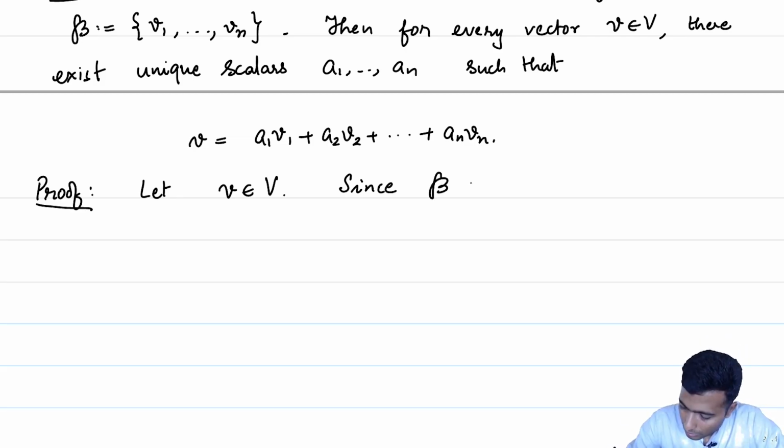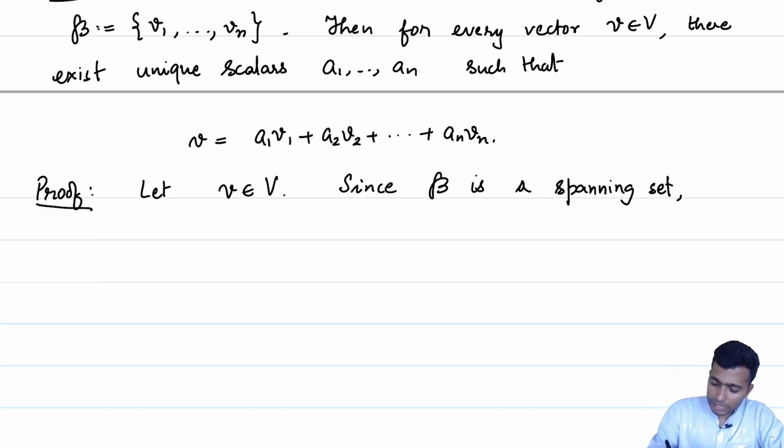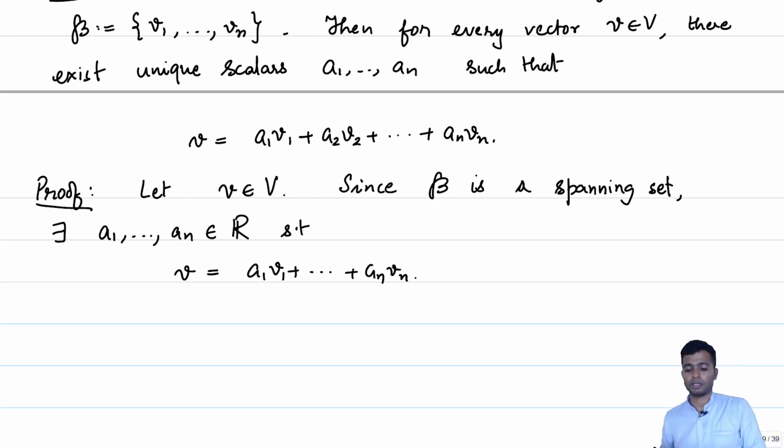Since B is a spanning set, there exist a1 to an in R such that v is equal to a1 v1 plus up to an vn. So certainly the existence part has been ensured by the spanning property of B. The only question is uniqueness.